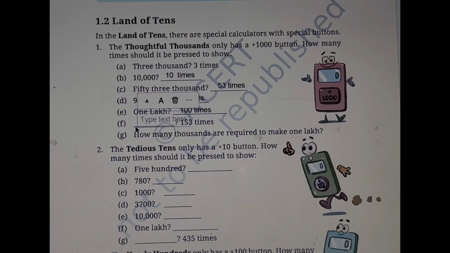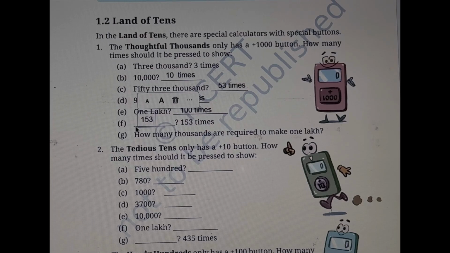So 153 multiplied by 1000, that is 153, and you will put 3 zeros behind it. If you put proper commas, the number is read as 1,53,000. So that's your answer.